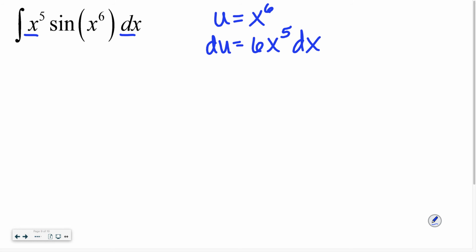So in order to replace x to the 5th dx, that 6 needs to balance us out on the other side. So 1/6 du is the same as x to the 5th dx.